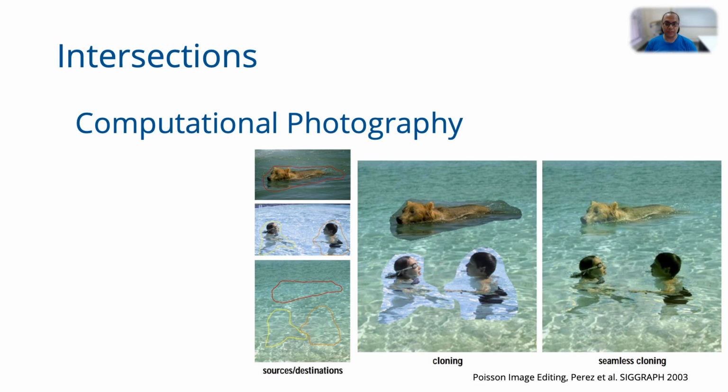So here you see that there are kids swimming in the water in one image, which were potentially there in a swimming pool, and there is a bear taking a swim in what I would gather is a lake. And these two images have been merged using something known as Poisson image editing to create this final image that is not real.